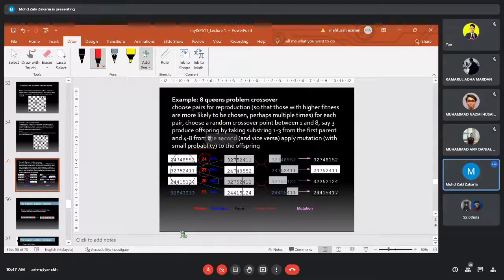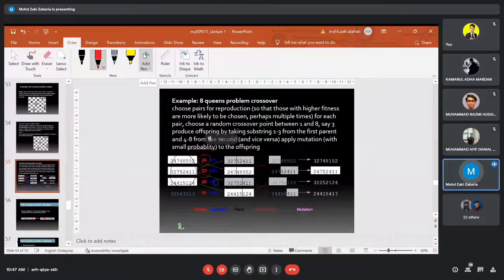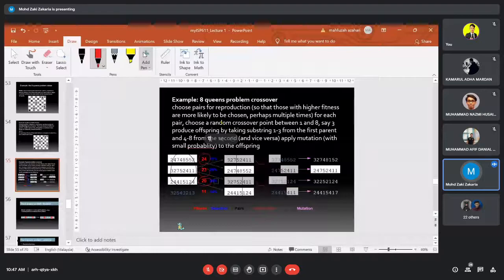But here they choose three chromosome because 24 and 23 one pair, and then 23 and 20 another one pair.